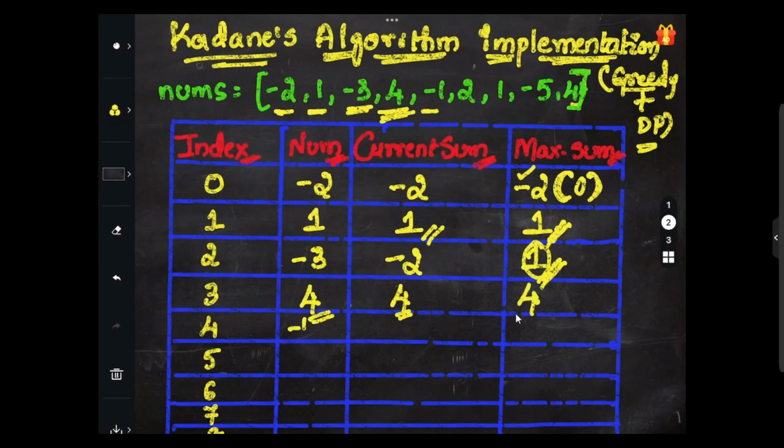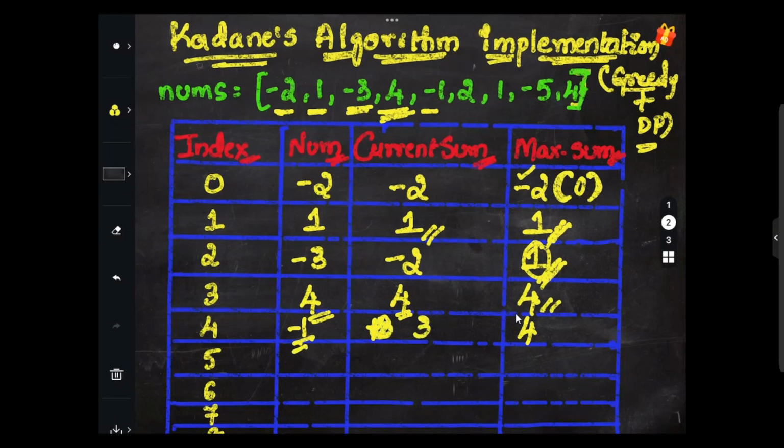Next we will consider -1 here. -1 plus 4 here, this will be 3. Sorry, I said -3 earlier, but this one has to be +3, not -3.